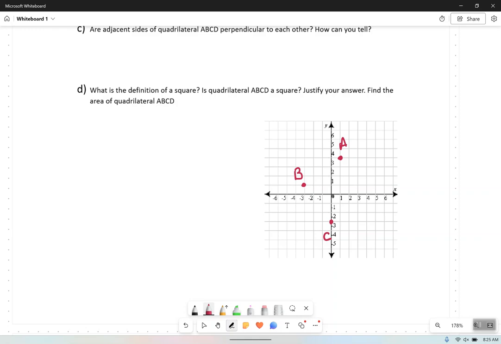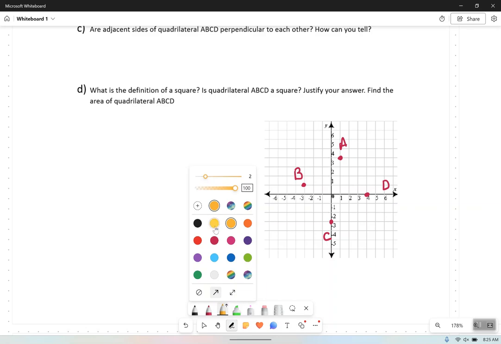What's that coordinate? (4, 0). So right 4, you all agree with that? Now, kids, if I make the connection on everything here, first of all, does it appear to be a square? It does. Okay, there's some things we're going to have to prove that make it a square. Okay, so I'm just going to connect all our lines, or our points. So all these segments A, B, C, and D.